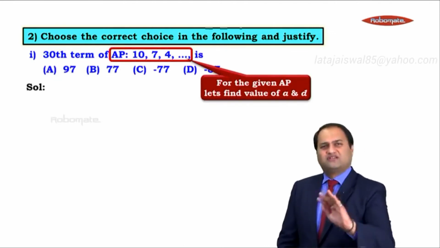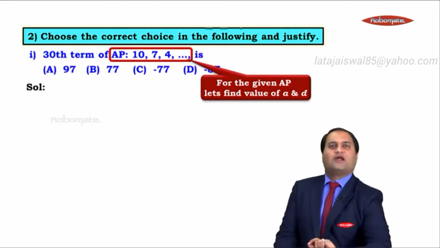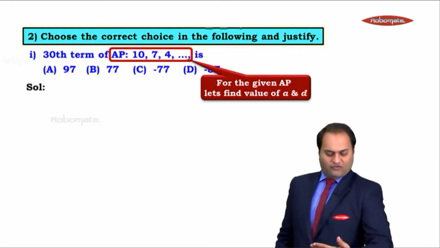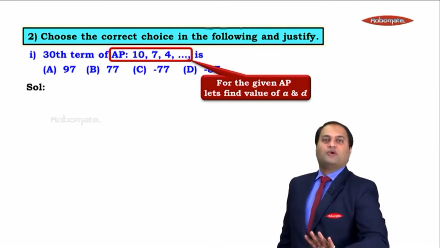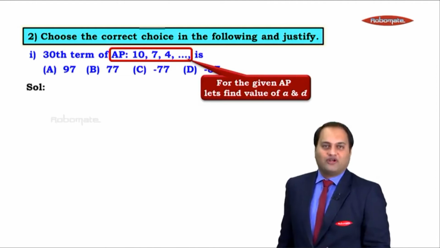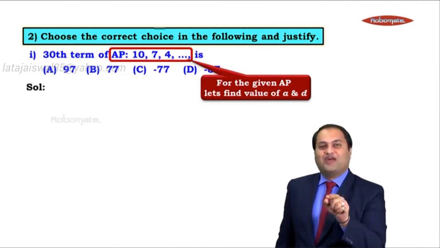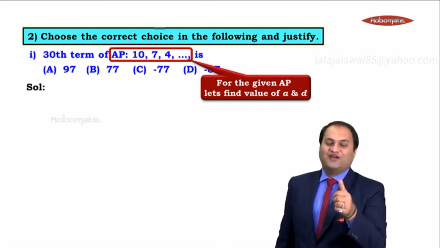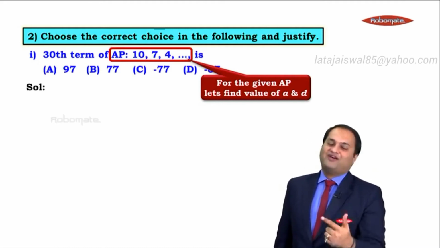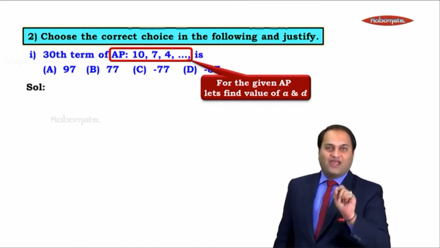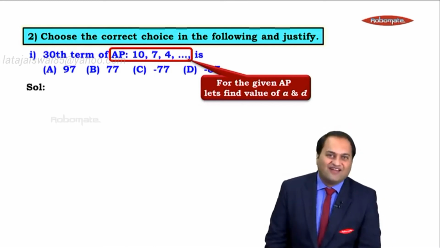Because once A and D are in front of you, you will be comfortable that we already know the 2 quantities, right? Also, 30th term, so N is equal to 30, right? So we know N, we know A, we know D, we are supposed to find A30, that is AN, right?